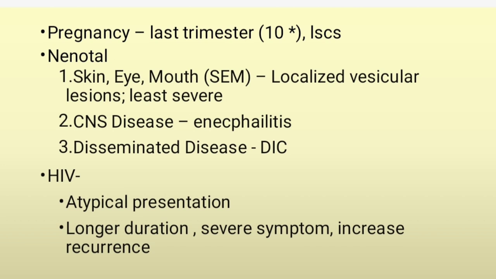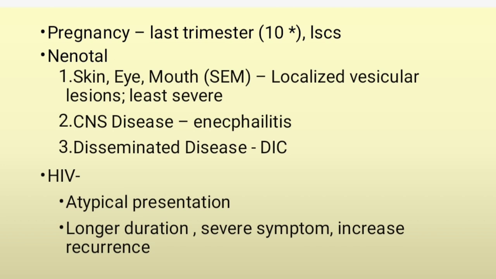Neonatal herpes simplex can manifest as 3 variants. One is skin, eye and mouth limited, which presents as localized vesicular lesions, and is the least severe. Another is CNS disease like encephalitis, and the third is disseminated disease that will cause disseminated intravascular coagulation and multi-organ dysfunction, and it is life-threatening.